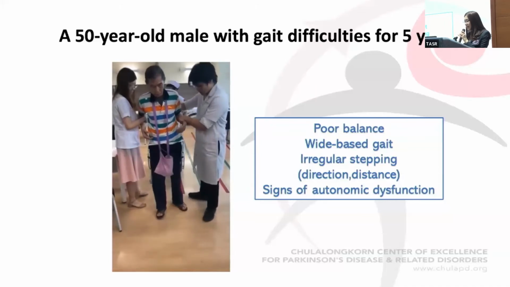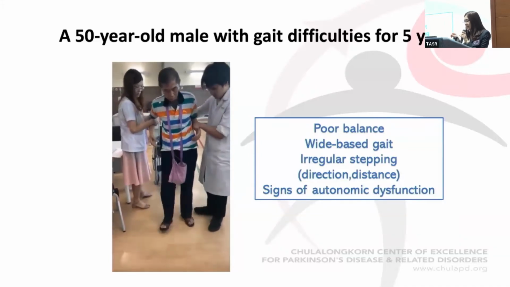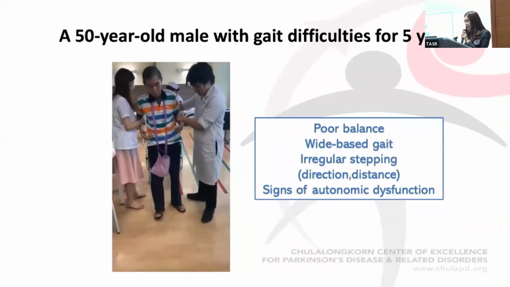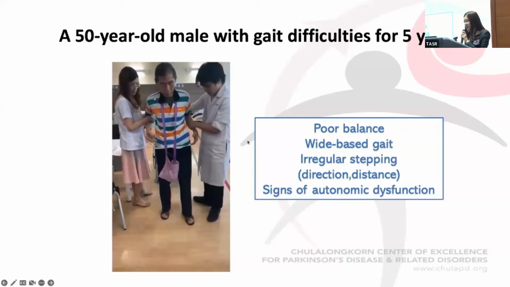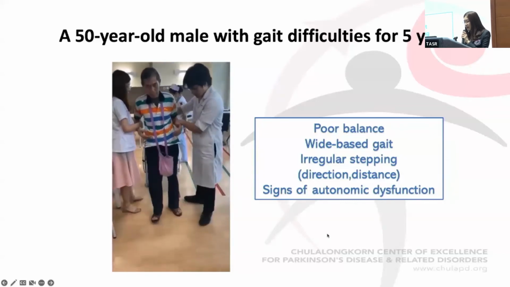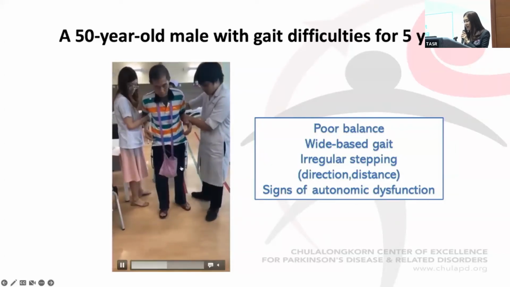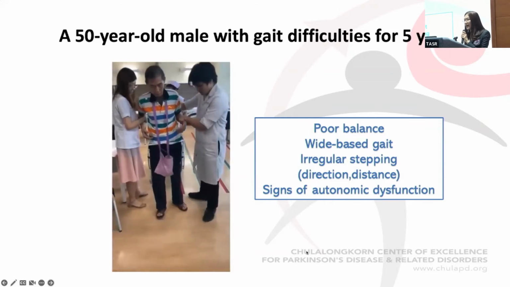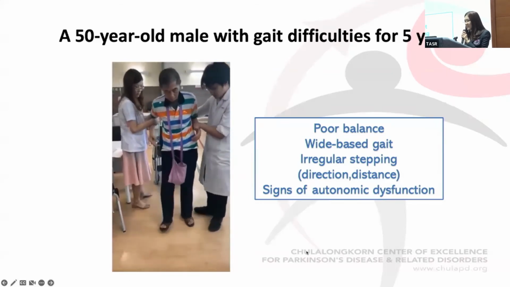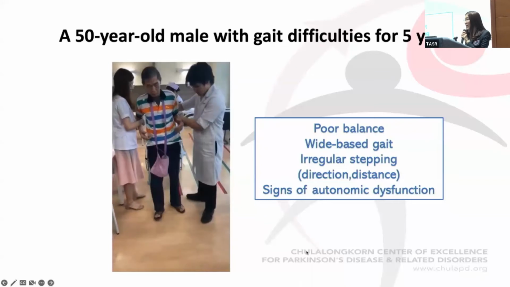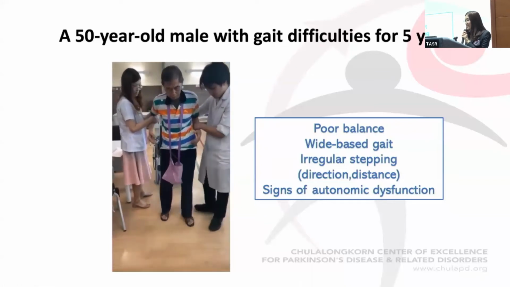It's very irregular and also somewhat dysmetric. And also you notice that there is a purple bag here. It's a urine bag. So this patient has a sign of autonomic dysfunction.